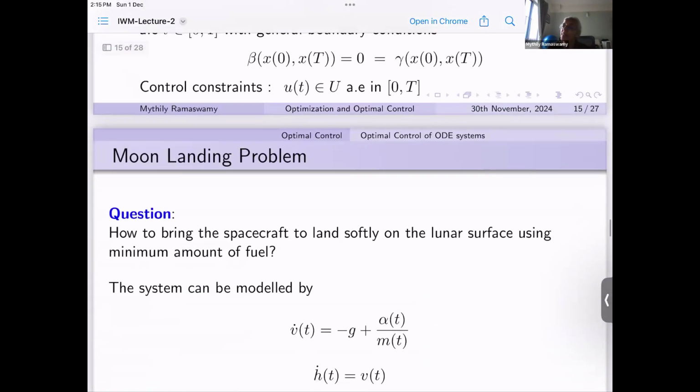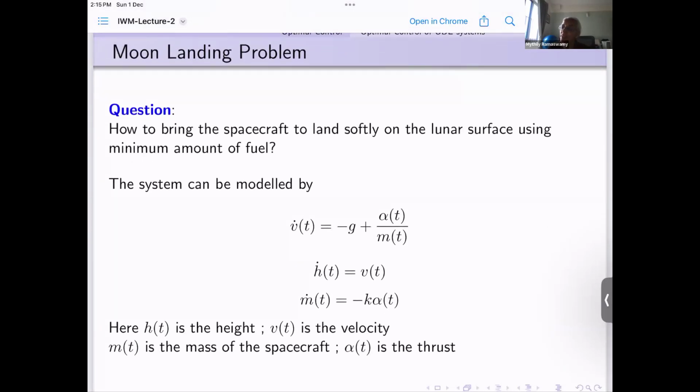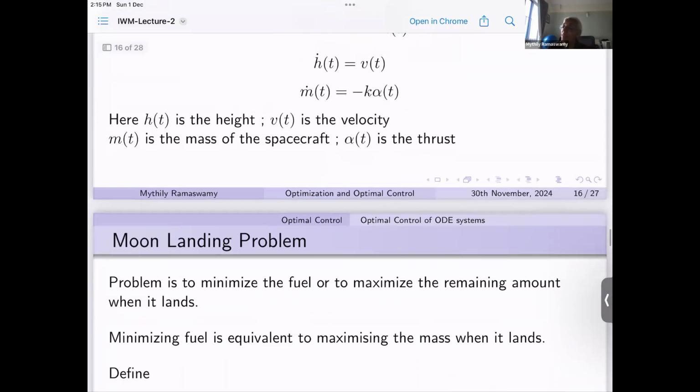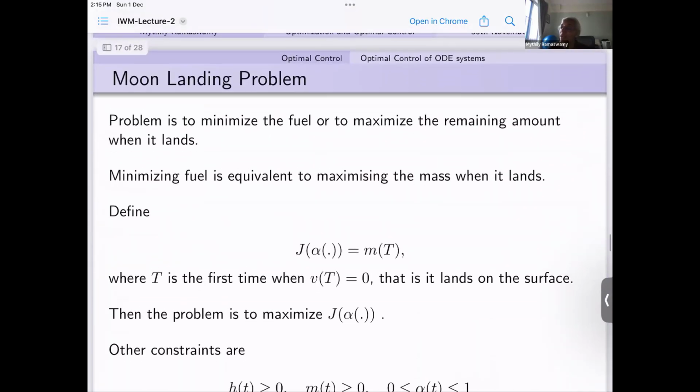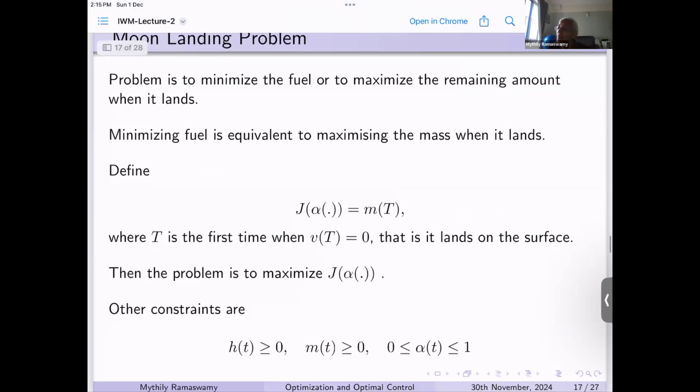And a typical example is the moon landing problem. So I mentioned these are Newton's laws, which we want to solve, so that the J of alpha of T, alpha is the thrust I explained. So we wanted to maximize the mass which is left over when we land on the moon.